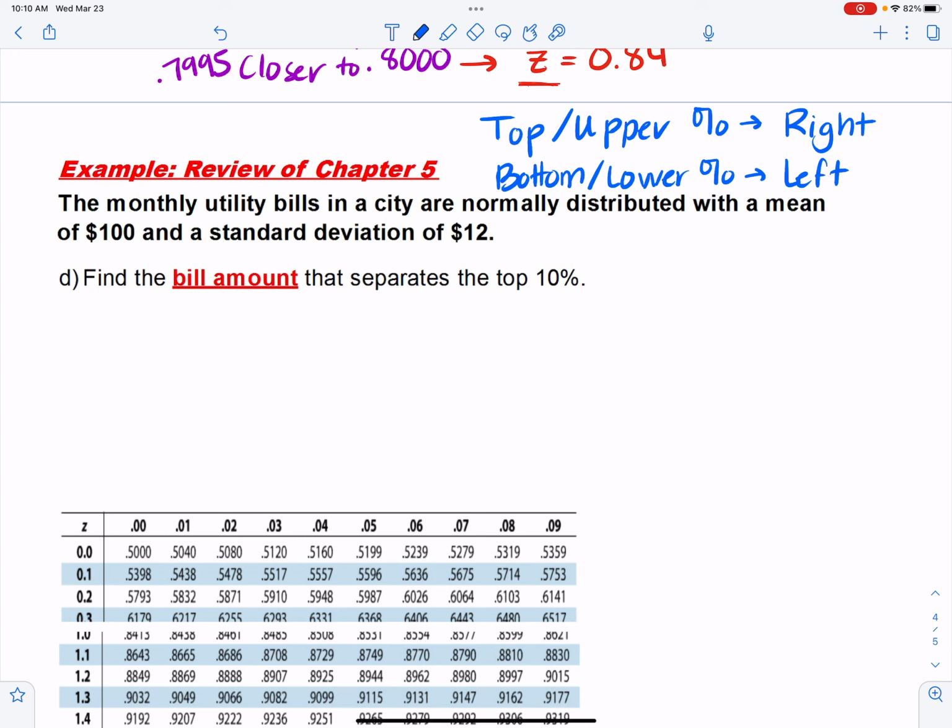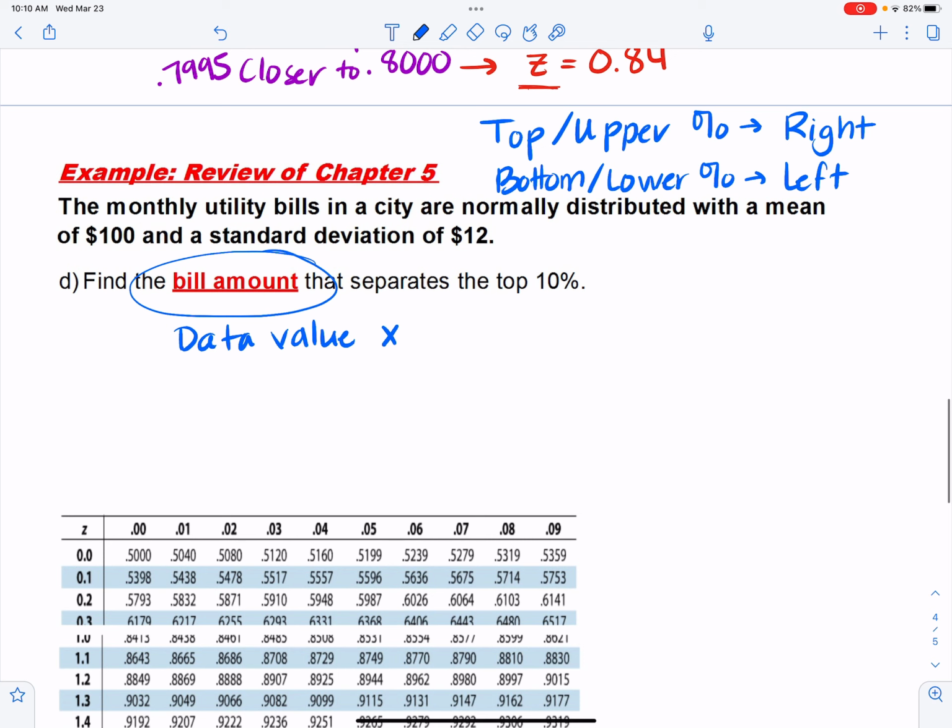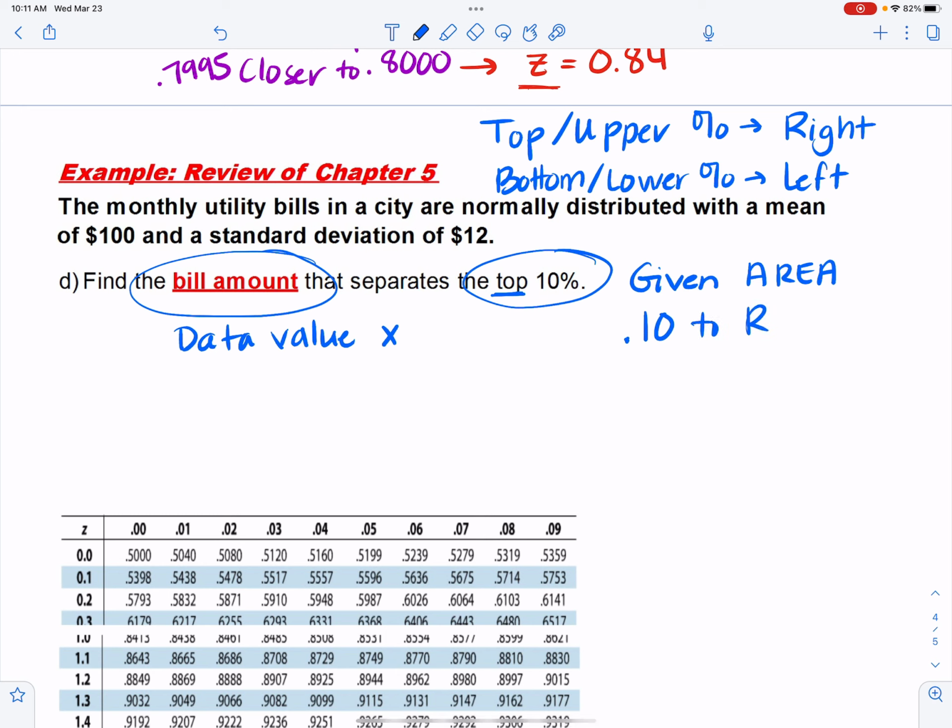So notice in this case, I'm still asked to find a data value, which is a value of X. So I know I'm going to use the same method. And I am given an area. Percentages are always area. But it is the top 10%. So that means the area that I'm given here, 10% is 0.10, is an area to the right of that value.